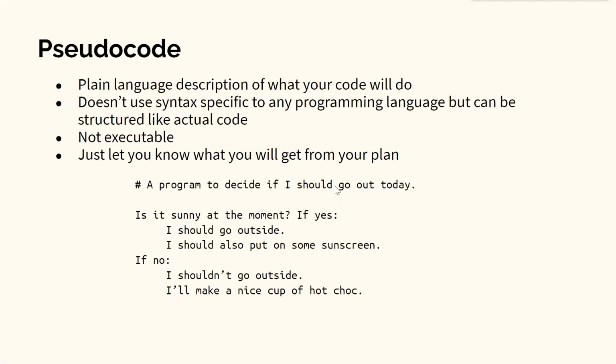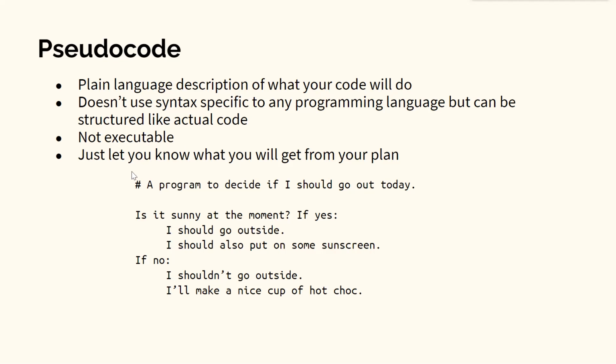Okay. After introducing flowcharts, we also have another choice to design the algorithms by hand, which is pseudocode. As you can see here, pseudocode is a plain language description of what your code will do. It doesn't use syntax specific to any programming language, which means it is not executable. It can't be run by a computer.